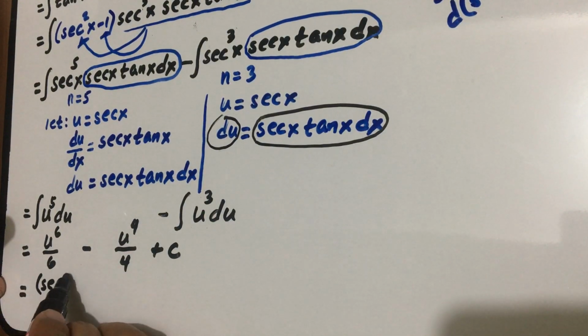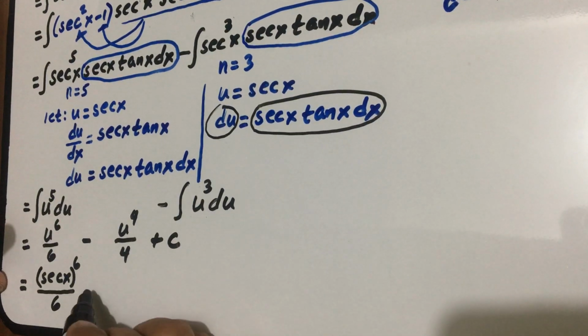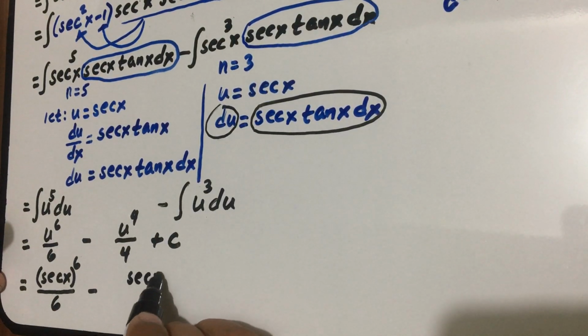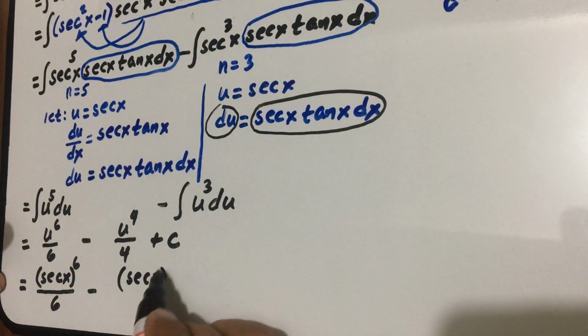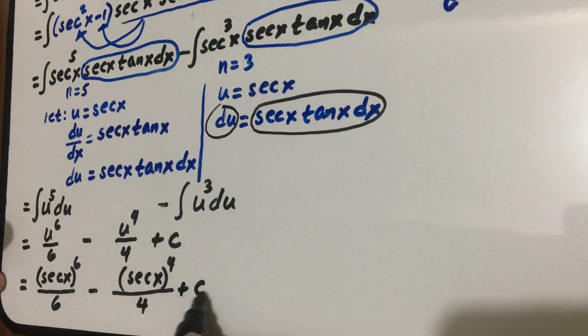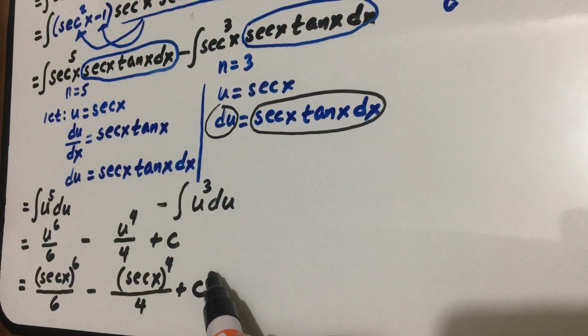So secant x raised to the power 6 divided by 6, then minus secant x to the power 4 divided by 4, then plus c. Right? So I will continue it here.